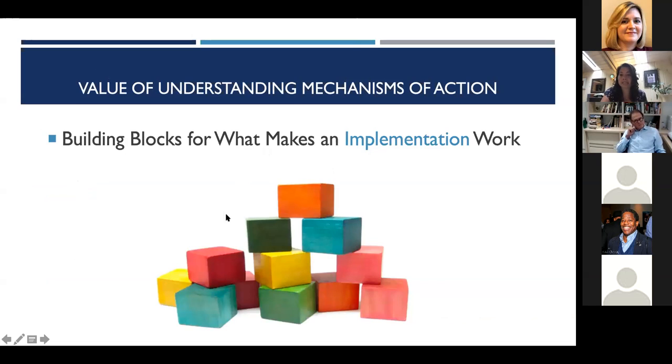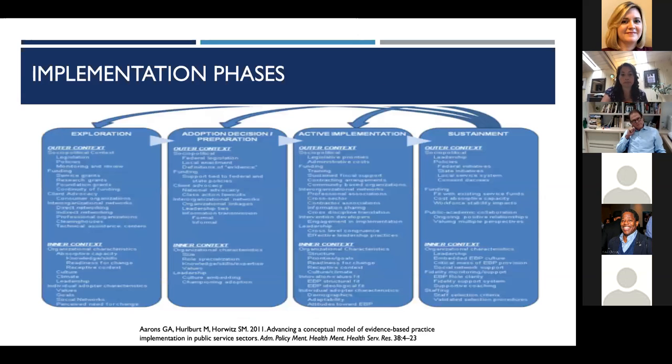To do that, taking this parallel process through, we need to understand the underlying mechanisms for the implementation process. What is it that makes the implementation work? When I think about the implementation process, I like to follow Greg Aarons and colleagues' work on EPIS, which stands for Exploration, Preparation, Implementation, Sustainment.